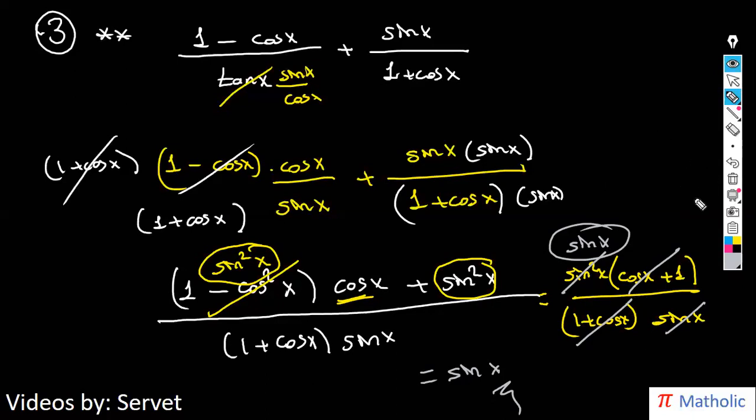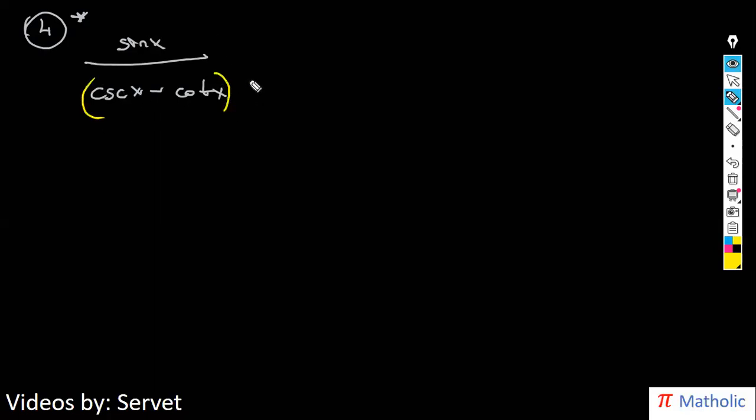So let's check the last part. Part number 4. Rewrite to eliminate fractions. Our first example is sine x over cosecant x minus cotangent x. In this kind of question, if you have only one fraction, we multiply the denominator and numerator by the conjugate, which is cosecant x plus cotangent x.